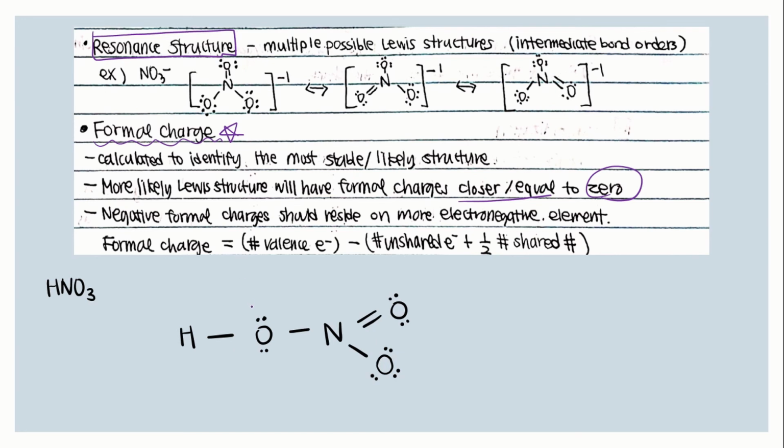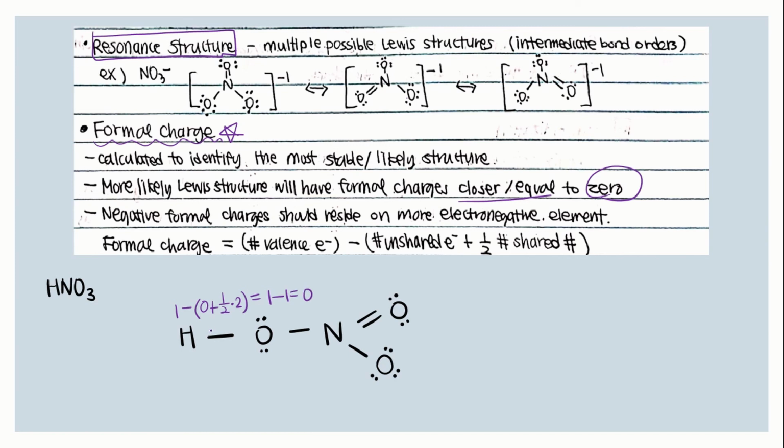And you can simply just count the electrons that each atom has. So hydrogen has a valence electron of 1, minus unshared electrons, which are 0. Then shared electrons are 2, but you have to do 1/2 of it, so it will be 1. So this will be just 1 minus 1, 0.